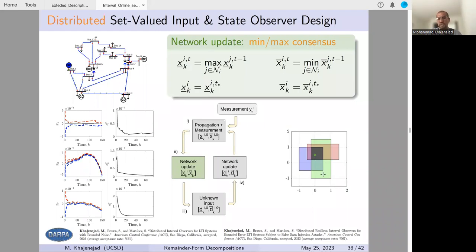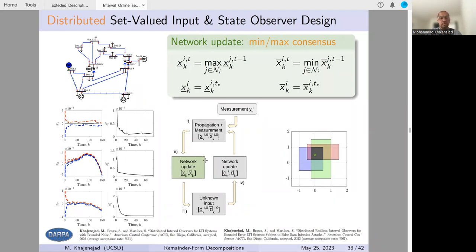And then you can see that this intersection is still a guaranteed estimate, which is guaranteed to contain the true state of the system, and also if some network conditions, which we call collective observability, hold, then we have consensus after finite time steps.